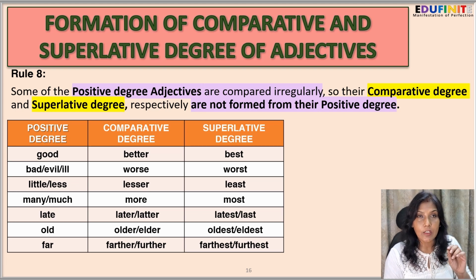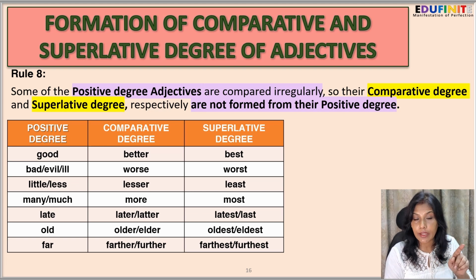Now, old as positive degree has two comparative degrees. One is older, the other is elder. And two superlative degrees. One is oldest and the other is eldest. Similarly, far has two comparative degrees. One is farther and the other is further. Two superlative degrees.